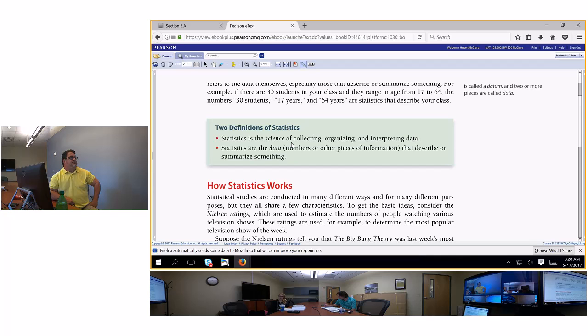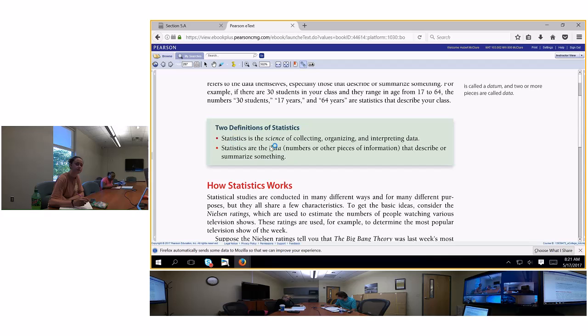Usually when you see the two words, Statistics and statistics, used in different meanings, the statistics that's talking about the data is usually lowercase. So you might want to make a note of that. Statistics with the uppercase is the whole field of collecting, organizing, and interpreting data. And lowercase statistics is the data that you're actually working with.